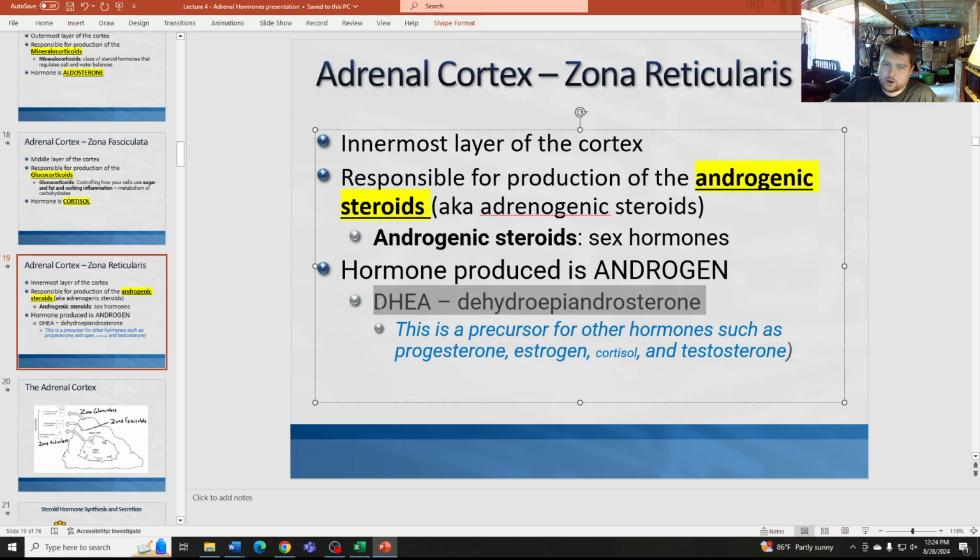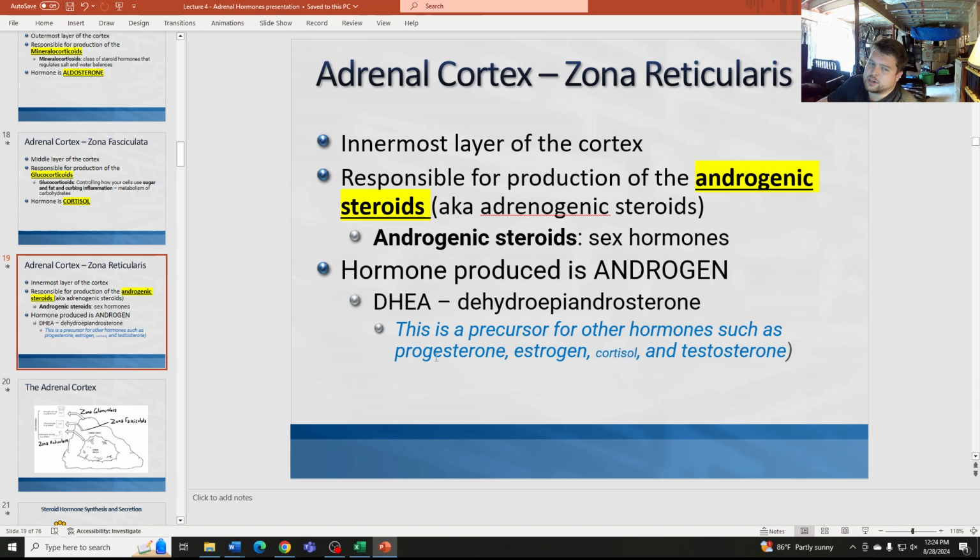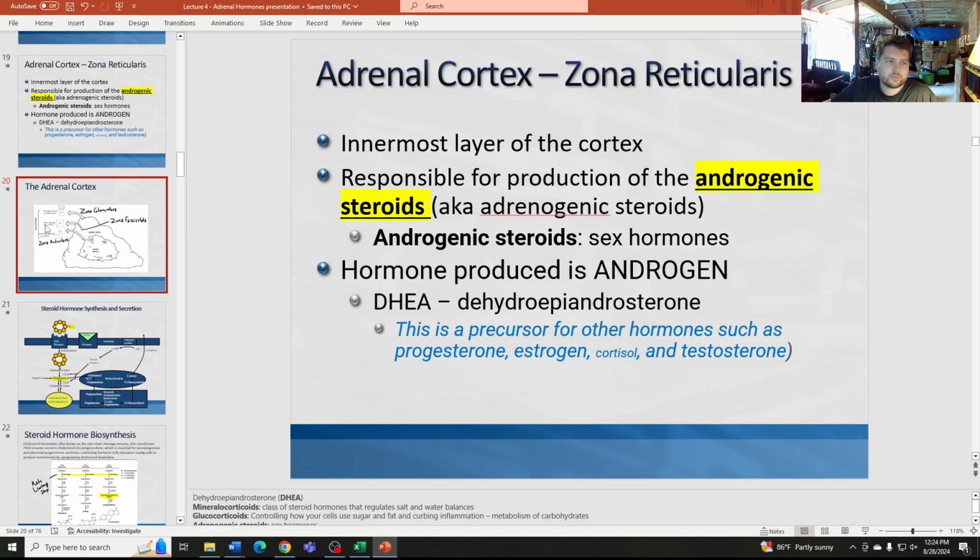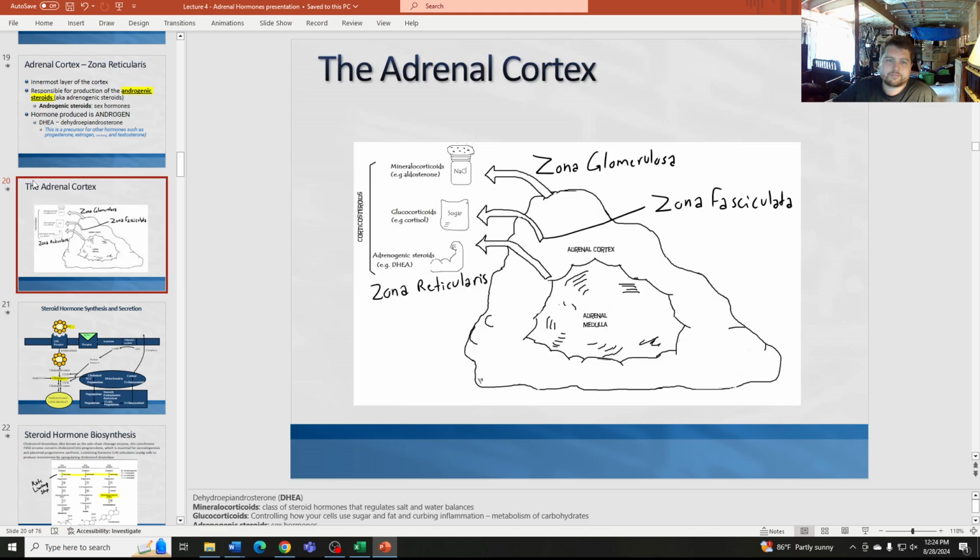This is more the hormone precursor to produce a bunch of the other sex hormones, like progesterone, estrogen, as well as testosterone. It can also be converted in the creation of cortisol, but mainly, we look at progesterone, estrogen, and testosterone being those sex hormones. Just another little picture. Remember, so we have salt, sugar, and it says muscles. I guess testosterone is the muscle one. So salt, sugar, muscle.